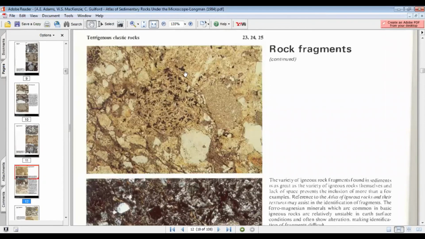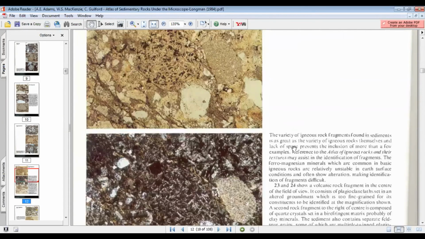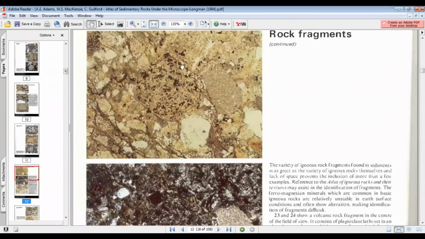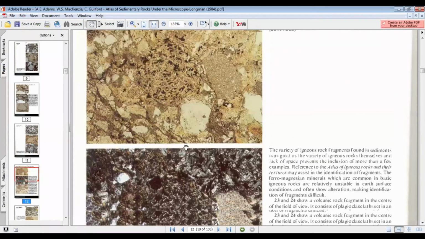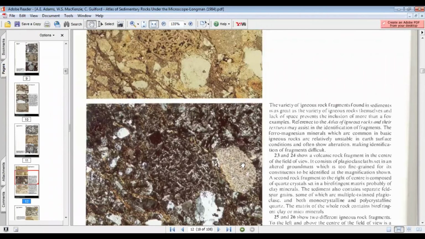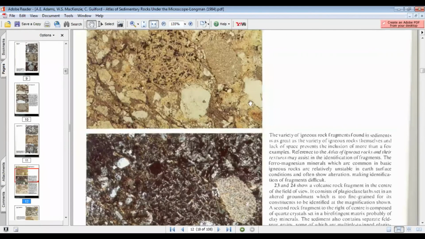With reference to what we studied in the previous section of the class on igneous petrology, you remember that dark colored minerals are mostly ferromagnesian minerals, and there is one light colored mineral present on the right side of the thin section.